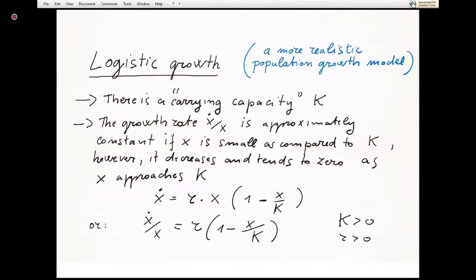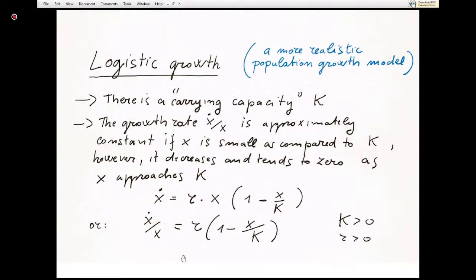But as the level of the population approaches the carrying capacity, the growth rate declines. And this simple idea can be written in this equation at the end of the slide.